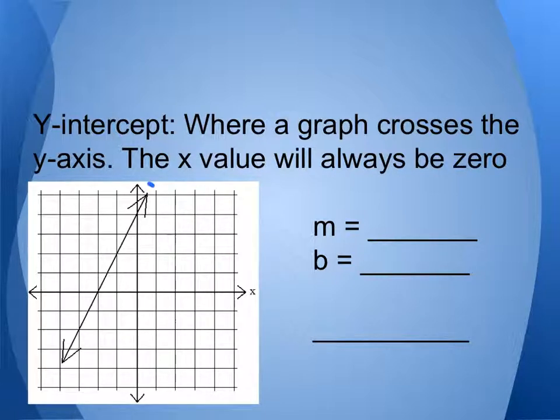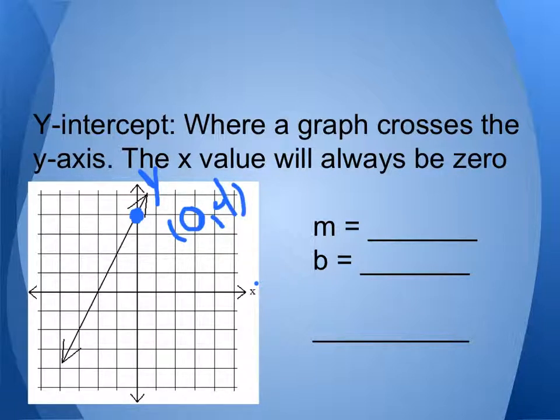Remember, the y-axis is the vertical axis. So we're going to see where this crosses our y-axis. Put a dot at this point right here. It is on the y-axis. It's on the axis that goes up and down. The ordered pair for this point is 0, 1, 2, 3, 4. So the ordered pair is 0, positive 4.